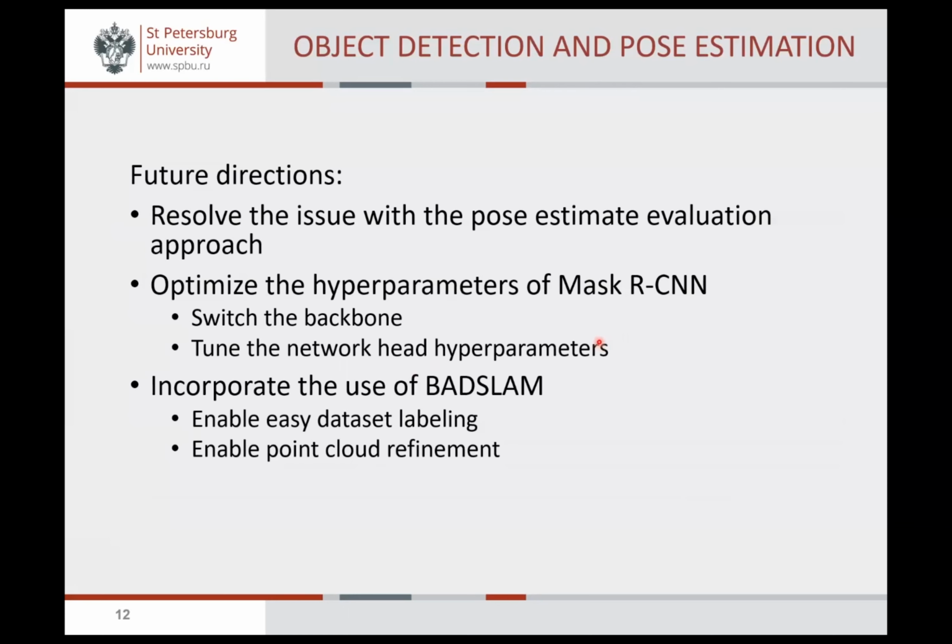And the third option to continue the research could be to integrate into the system an advanced 3D surface reconstruction algorithm like BAD SLAM. This could enable easy labeling of the data sets, or for instance, point cloud refinement, so that the point clouds that we obtain from the camera can be less noisy, and then we can estimate the poses with plane fitting with higher accuracy.